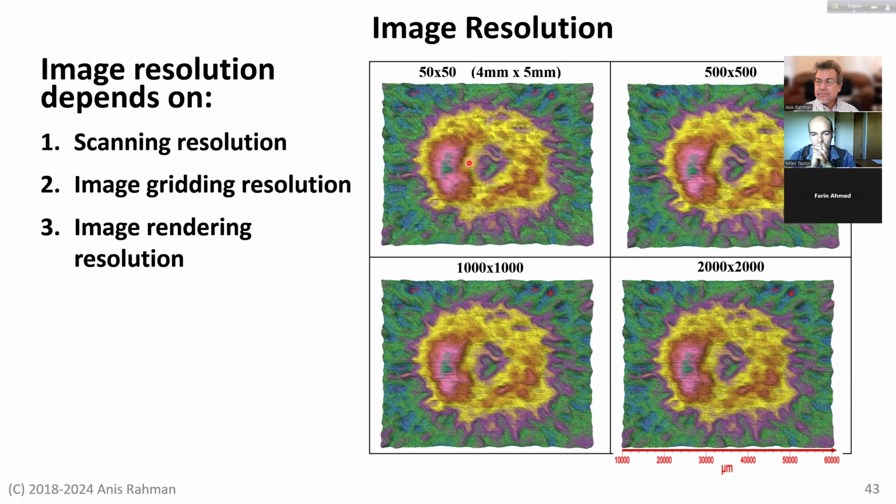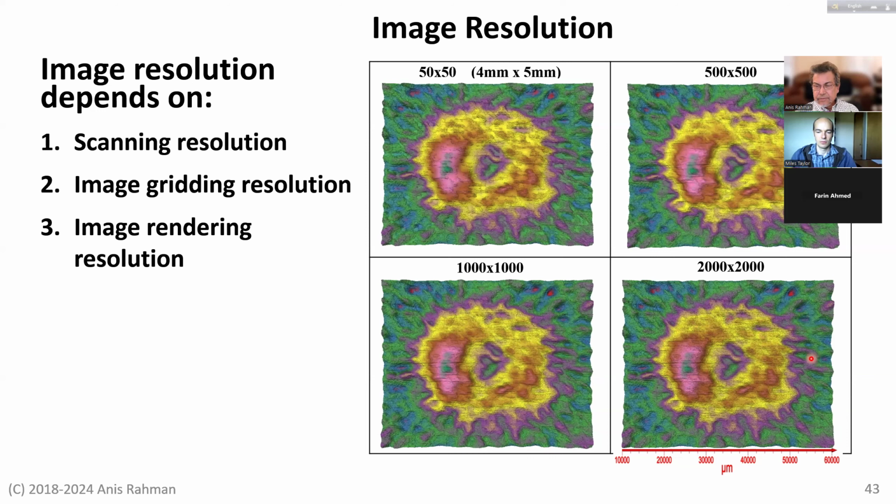But some details may not all show. On the other hand, you can keep increasing the resolution gridding size. And here you have the scale. All other scales have been suppressed, but only one scale is here to show how big these things are. These are 4 millimeter by 5 millimeter.